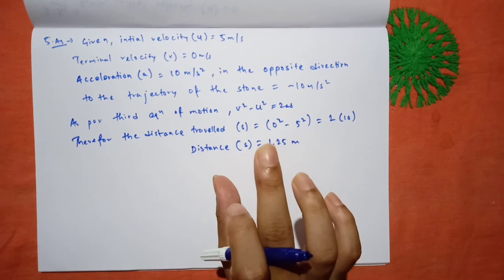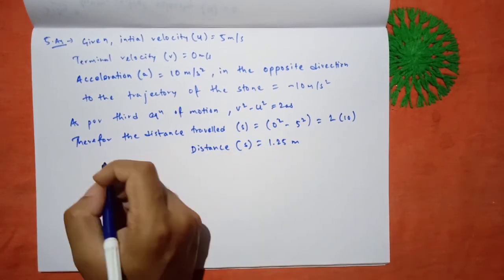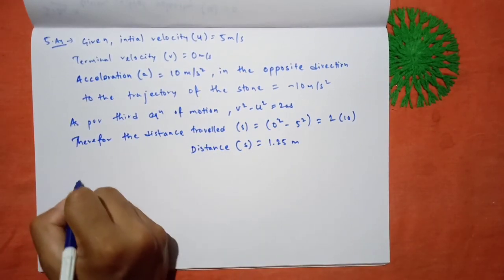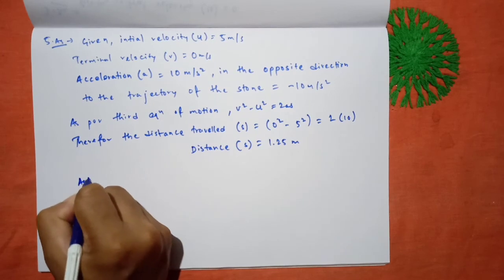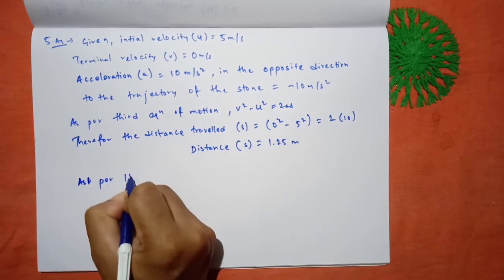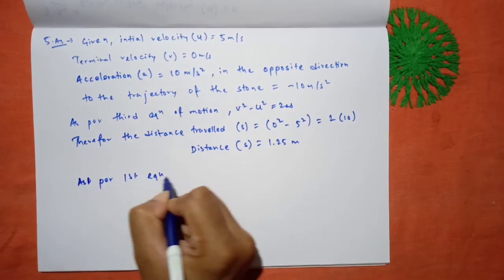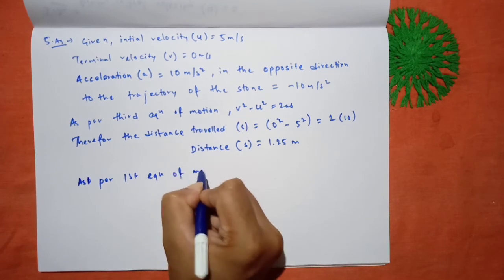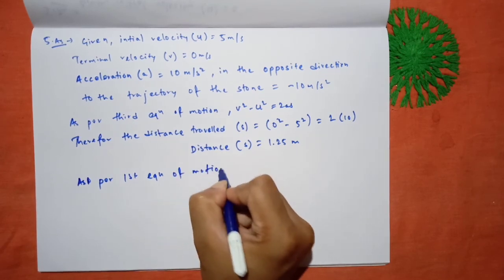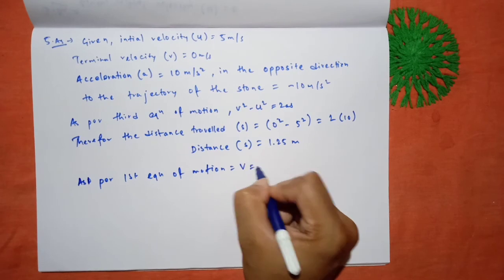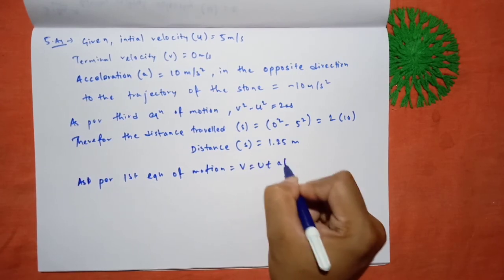Now we have to find the time. So we have to write here as per first equation of motion, v is equal to u plus at.